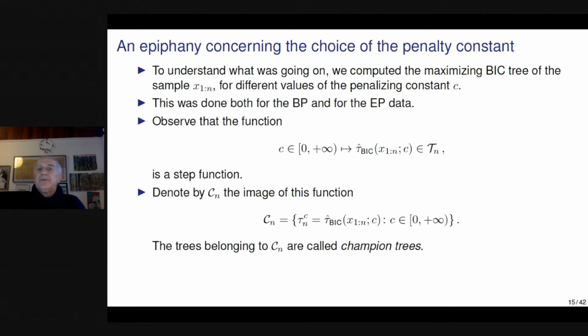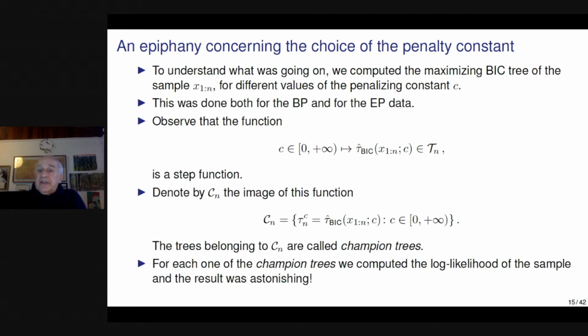Let's call champion trees the trees belonging to this set. These are the trees which maximize the likelihood of the sample if the sample is generated by each one of the champion trees. So we compute the log likelihood of the sample, and the result was surprising.